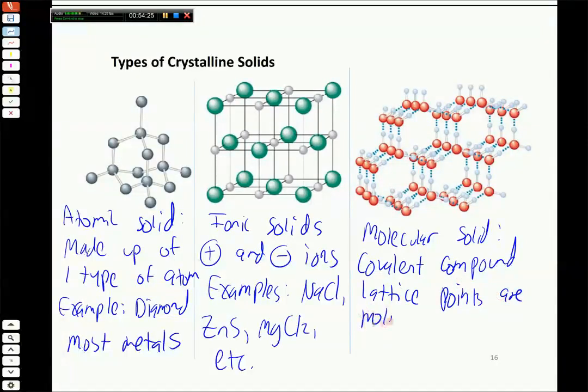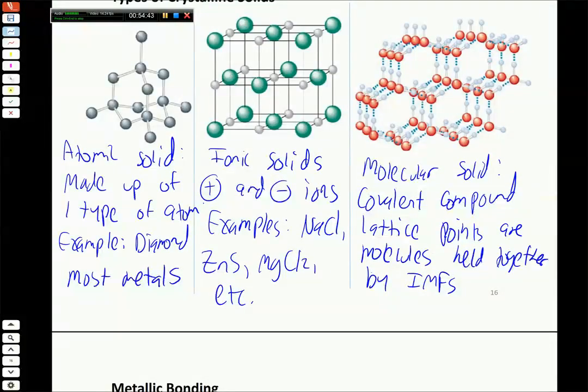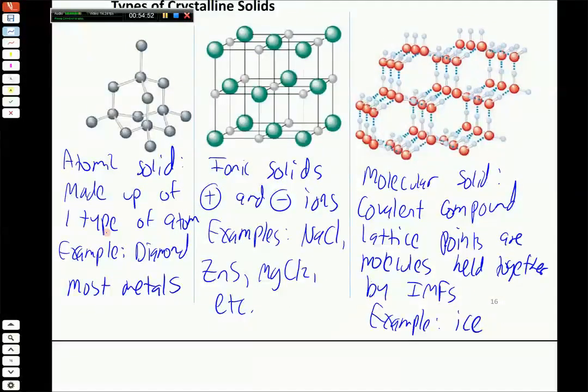And those molecules are held together by intermolecular forces. So in a molecular solid, you have molecules, and then you have a repeating array of molecules all held together by IMFs. The classic example of a molecular solid would be ice, which is one that we're likely familiar with. But really, any covalent compound in the solid crystalline phase would be considered a molecular solid.